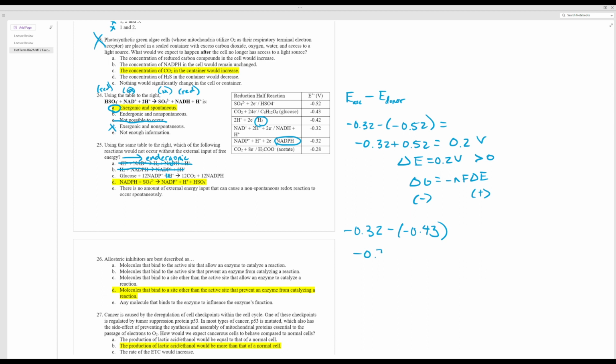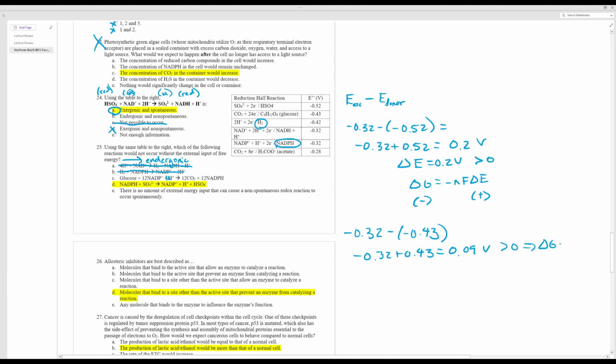It's the same thing as negative 0.32 plus 0.43, which is 0.09 volts, which is greater than 0, which means my delta G is less than 0. Which means that it will occur regardless of the external input of free energy. Right? This is an exergonic reaction. So C, while exergonic, does not answer our question because we're looking for the endergonic reaction.